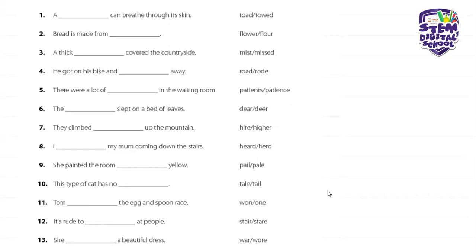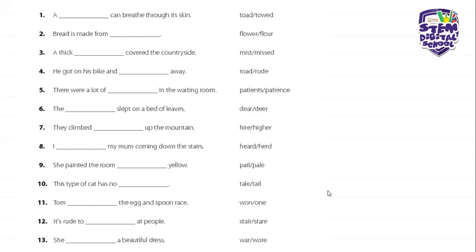Okay. Flower is a flower that's outside in my garden, and the other one is flour, which I bake with. Okay. Mist is like a layer of fog.